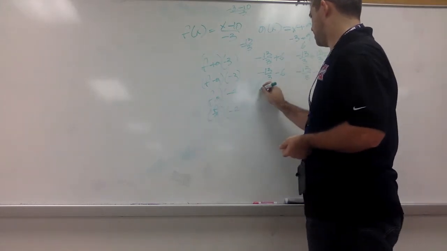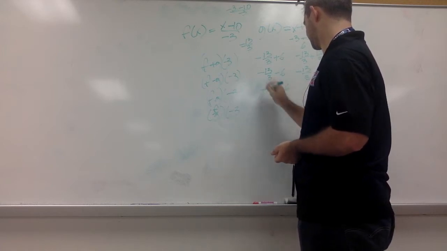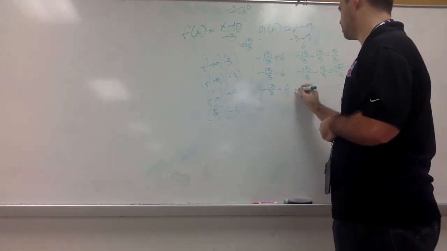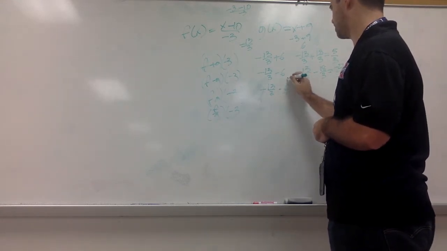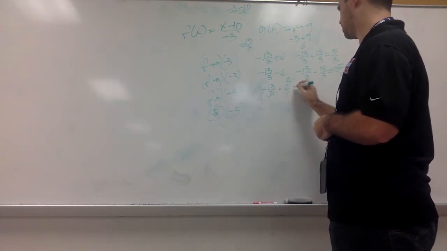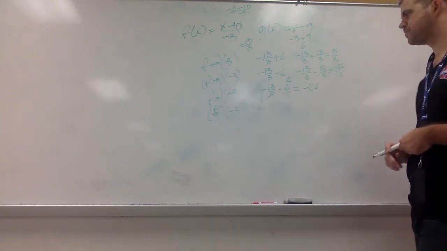Now we're multiplying them. So if we do this, we can cross cancel here. This is 2, this is 1. So this will be -26.